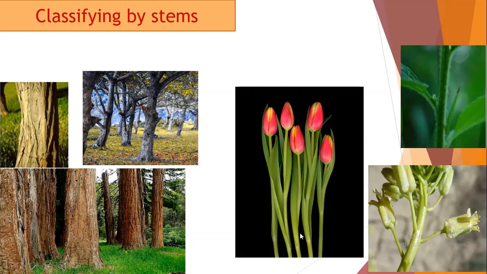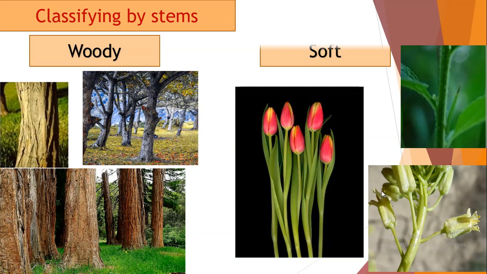These stems are held up by water inside their tubes. So, woody stems and soft stems. So scientists classified plants according to their stems into woody stems and soft stems.